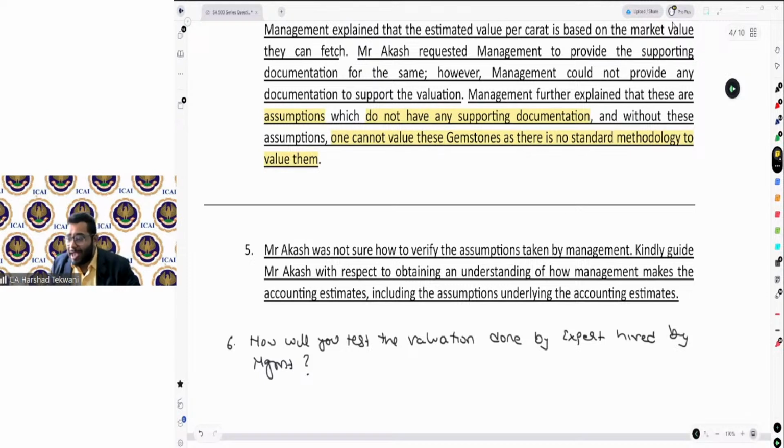Okay. As per which SA, as per which Standard on Auditing, will we be gathering the evidence and following the procedures? Okay. Good, Tushar. Absolutely correct, Janvi.